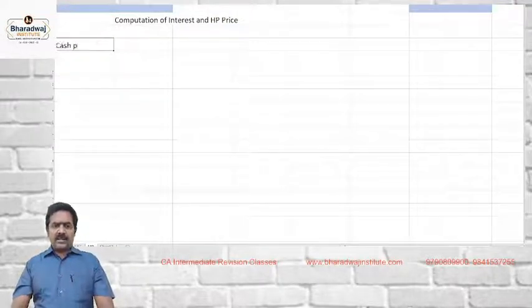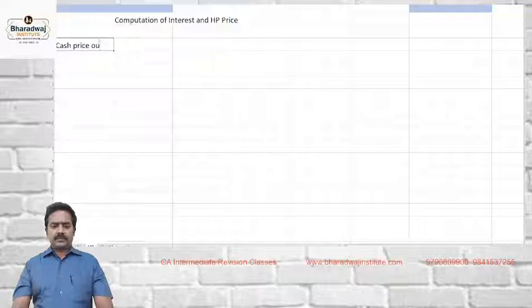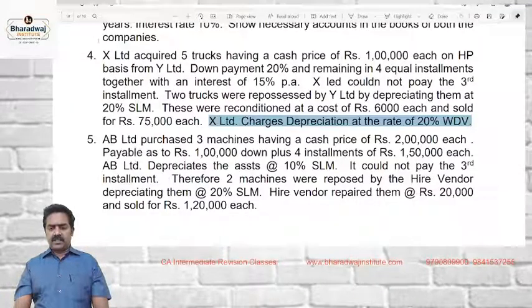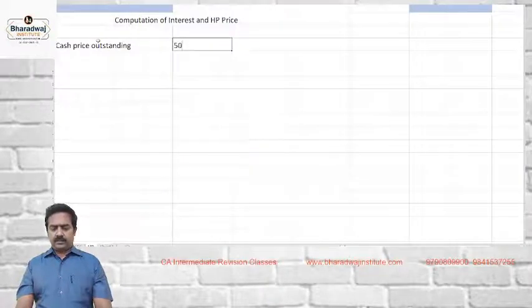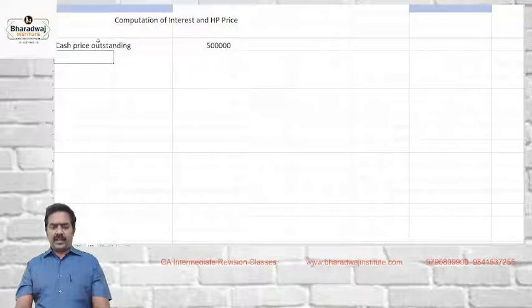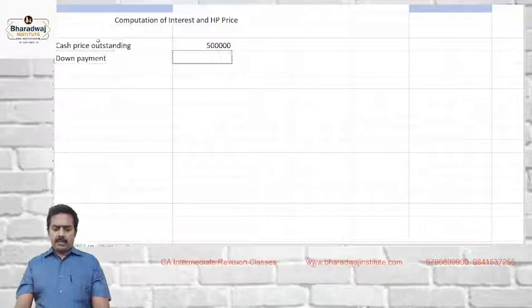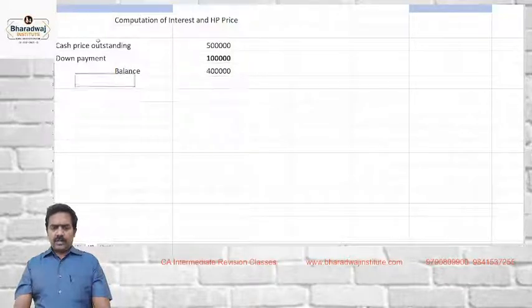What is the cash price of the asset? 5 trucks into 1 lakh, 5 lakhs. What is the down payment? 20% means 1 lakh. Balance 4 lakhs. This we are going to pay.